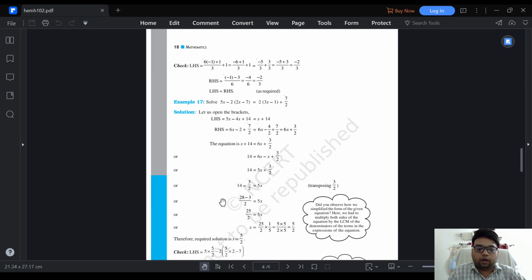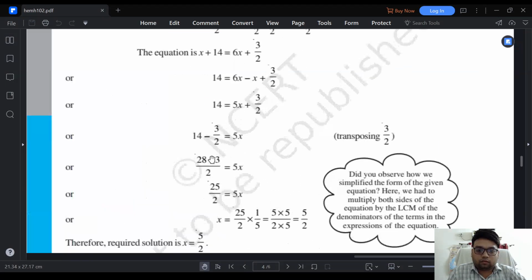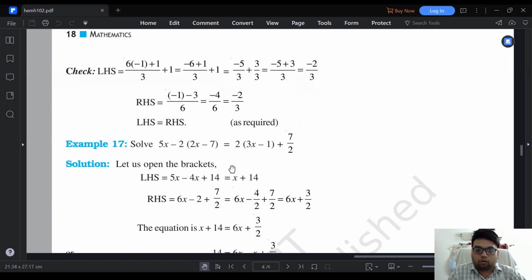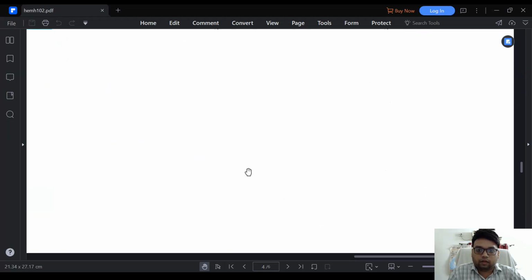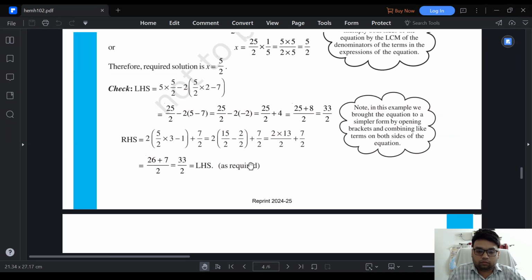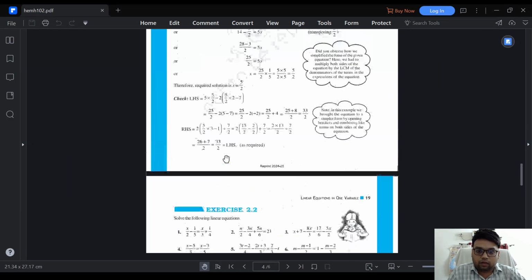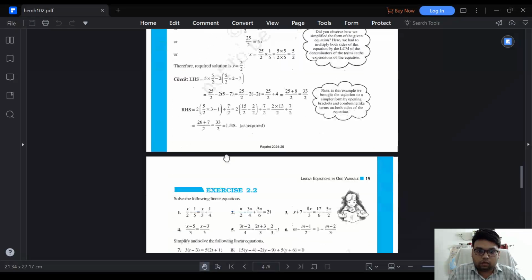It will prove that. Similarly they solve question number 17 and 18.